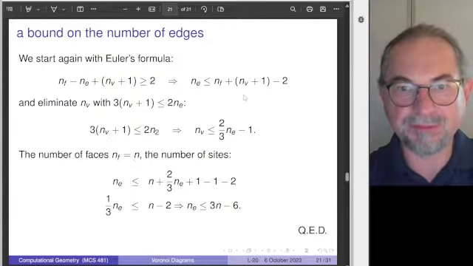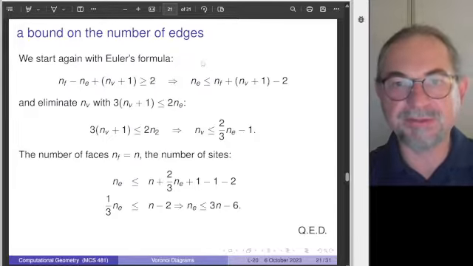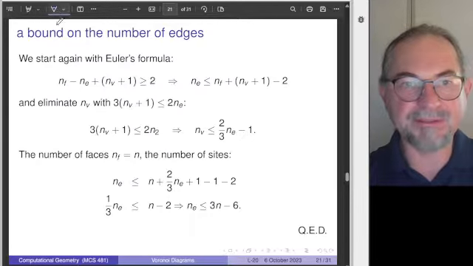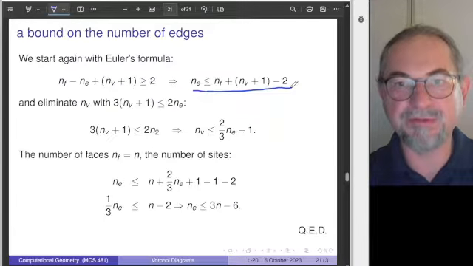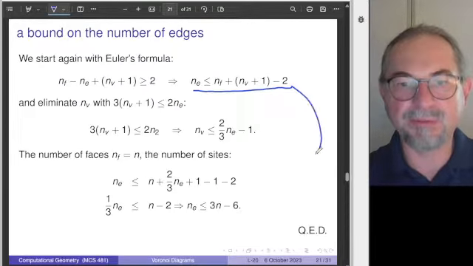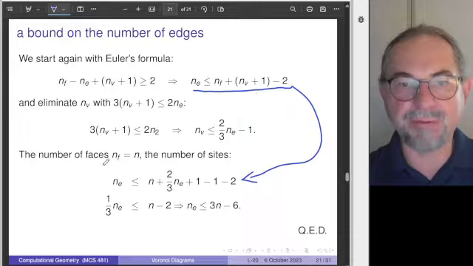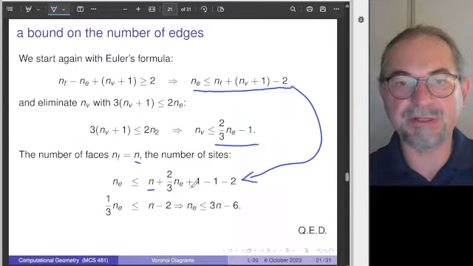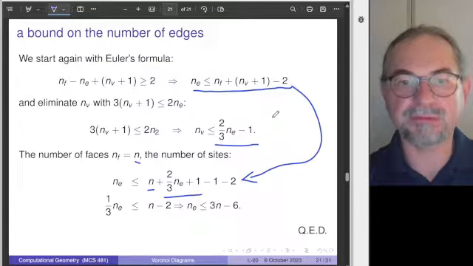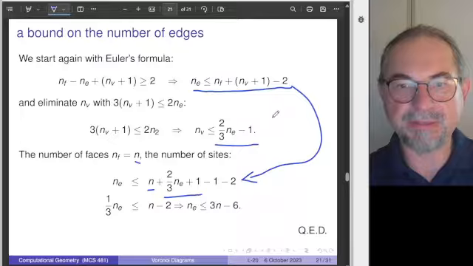So I was a little bit confused here, but perhaps let me emphasize this. We have Euler's formula rewritten here, and this is what we apply. So this is this inequality here, but where we have replaced n of f is n, and then we have this bound here. So these are the replacements.